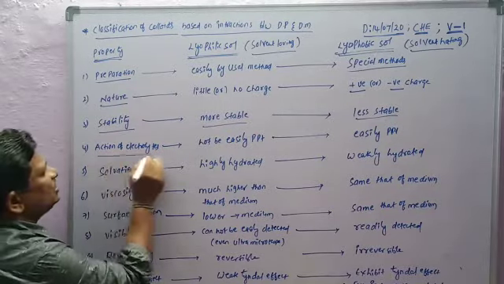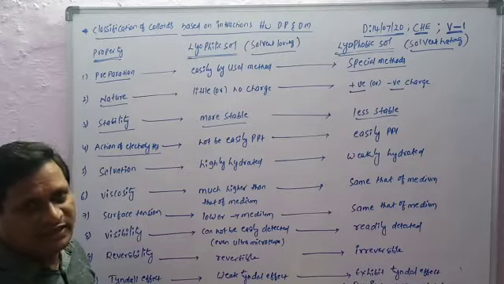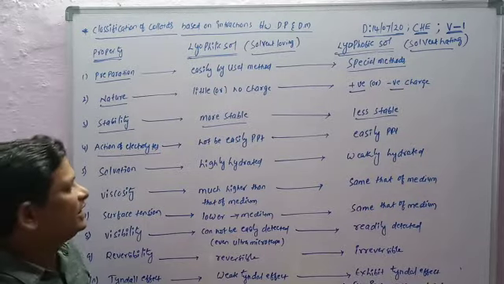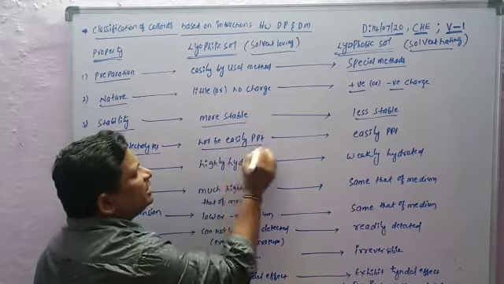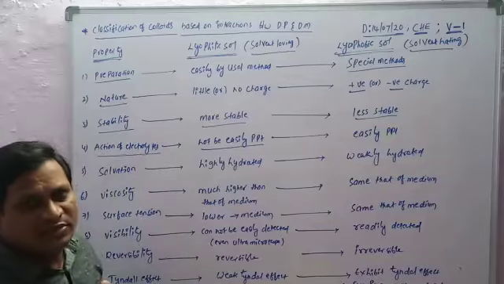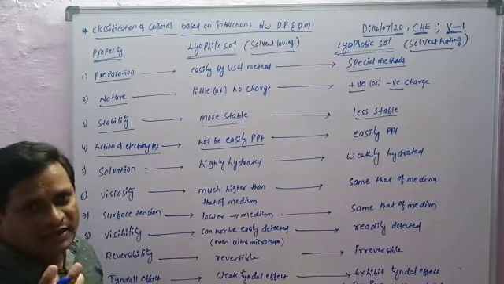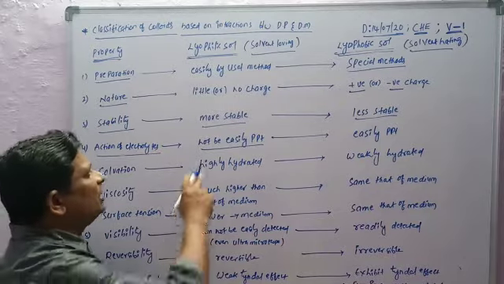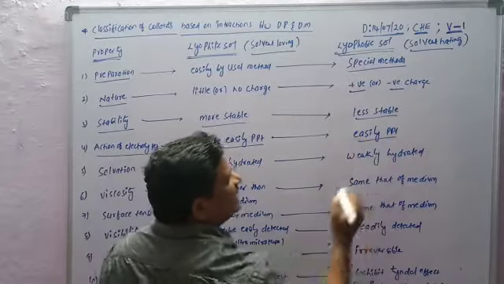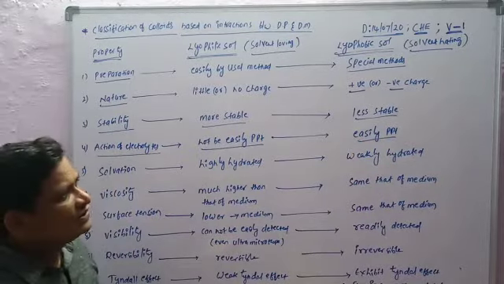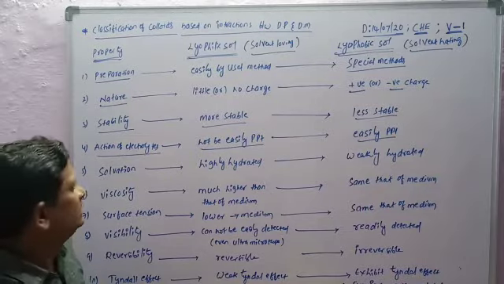Electrolytes are, for example, aqueous NaCl, aqueous KCl. Lyophilic sols are not easily precipitated. Precipitation means an insoluble compound obtained at the bottom of the container in a semi-solid state. But lyophobic sols are easily precipitated, separated from the aqueous solution.